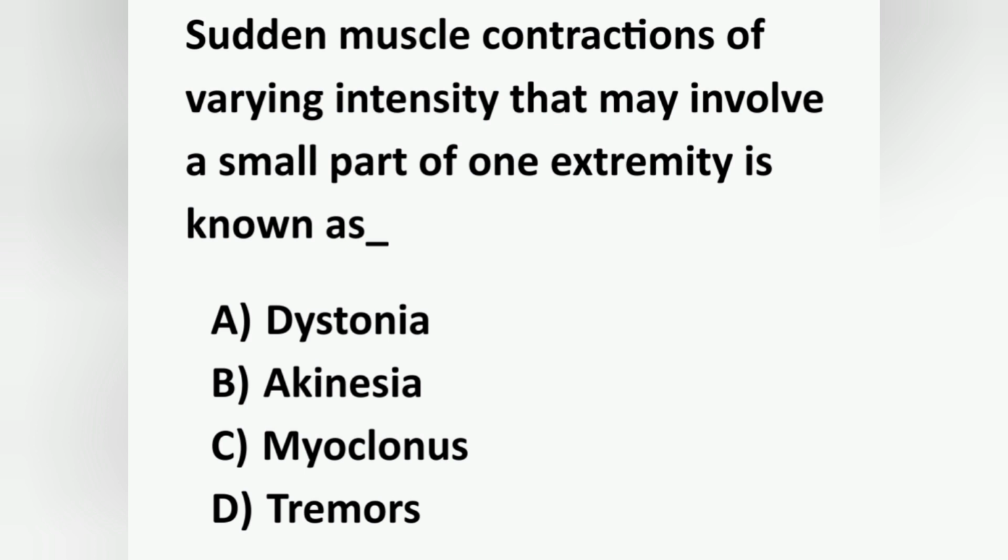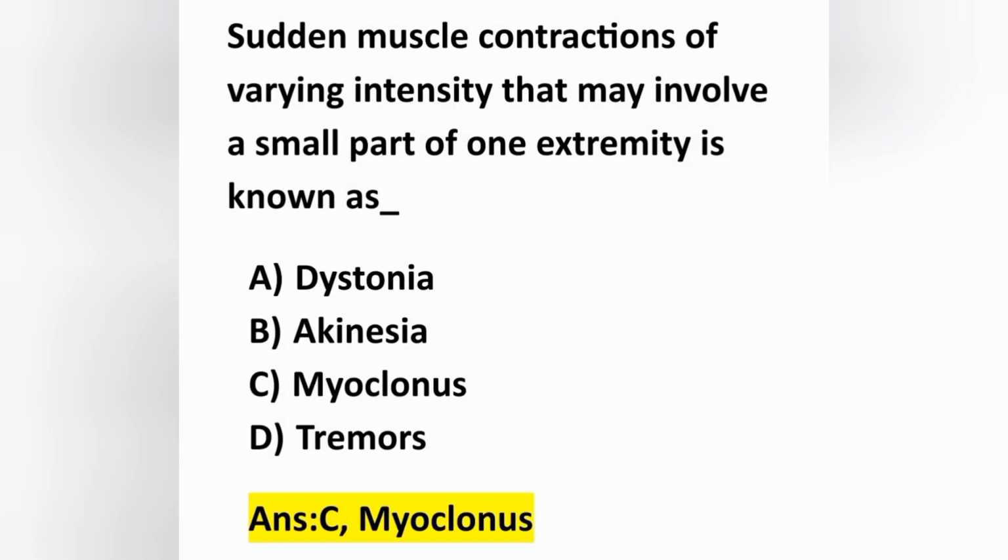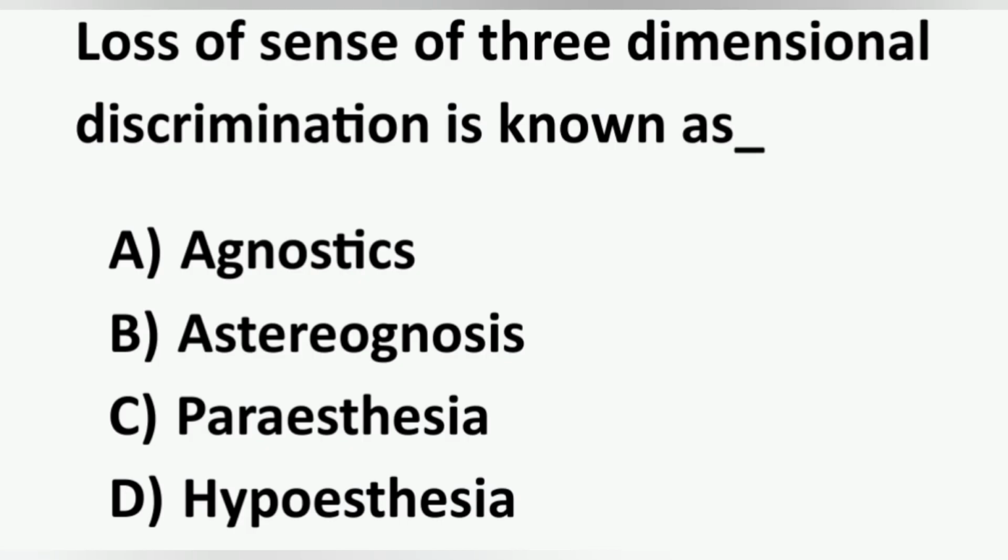Maybe it is one extremity or the entire extremity, that is known as myoclonus. Option C is the correct answer. Here the sudden muscle contraction which may occur in either one extremity or the entire body, that is known as myoclonus.